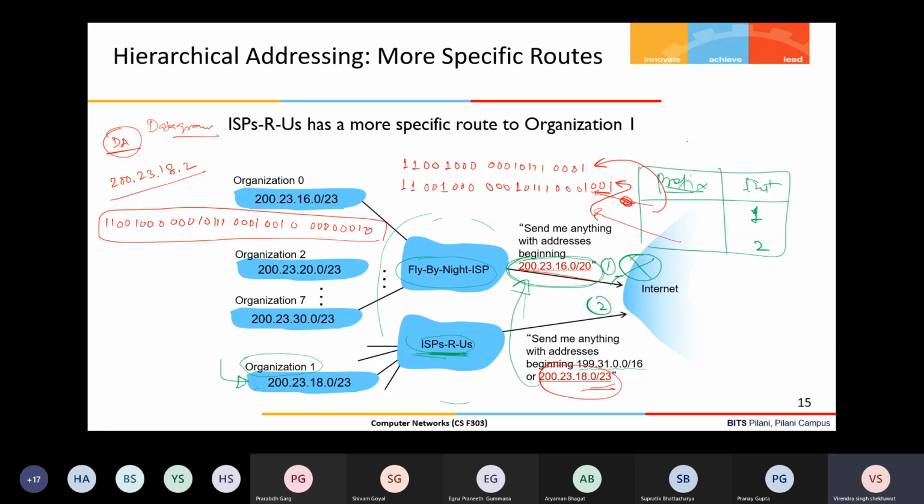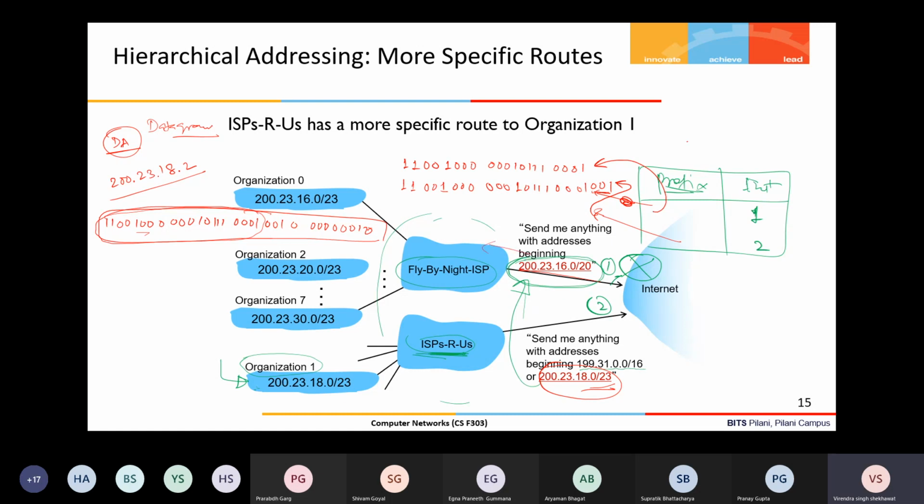Now if I simply match up to here, up to 0001, this is 8, 16, 20, the 20-bit prefix, then it will be forwarded to interface 1.